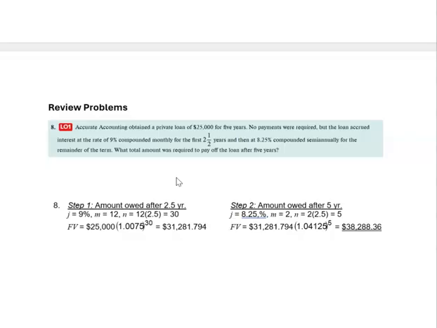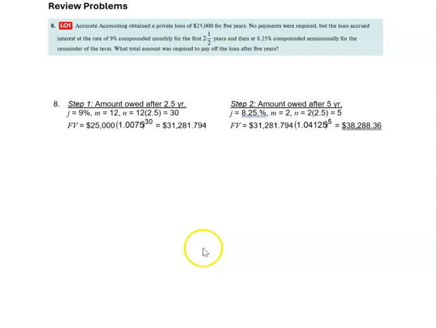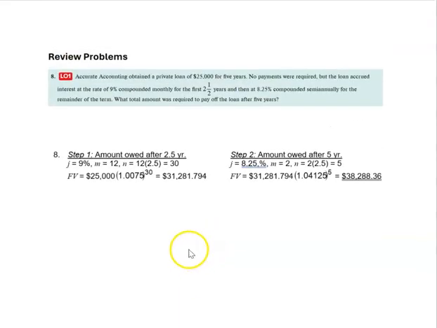Then you're going to multiply that by 31,281.794. That's going to give you the ultimate future value for this situation of $38,288.36. Let me know if you have any questions, okay? Thanks, everyone.